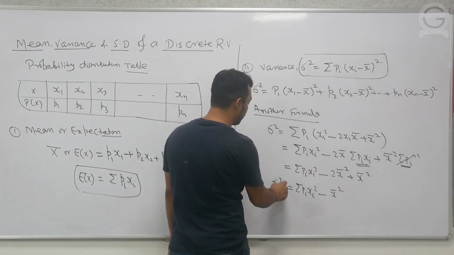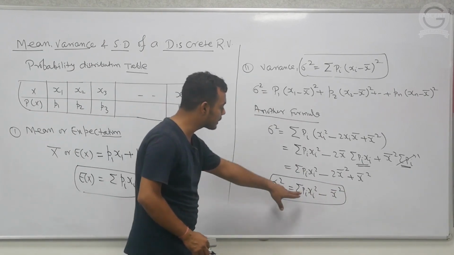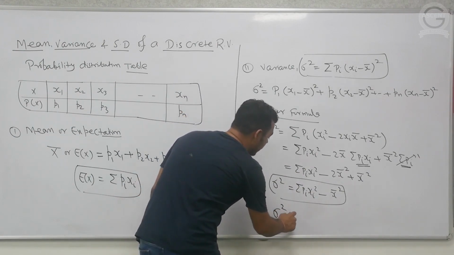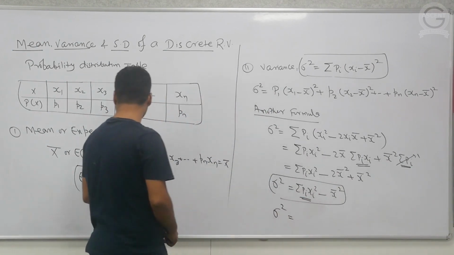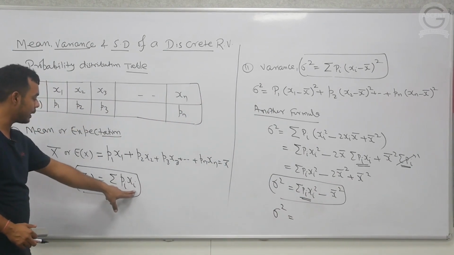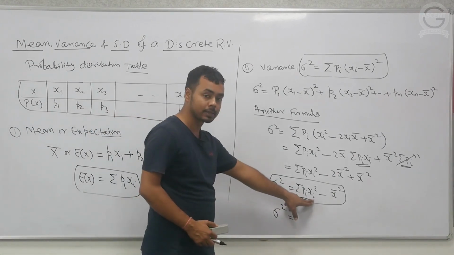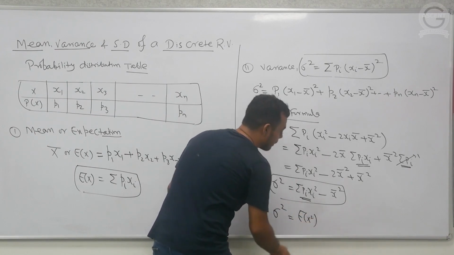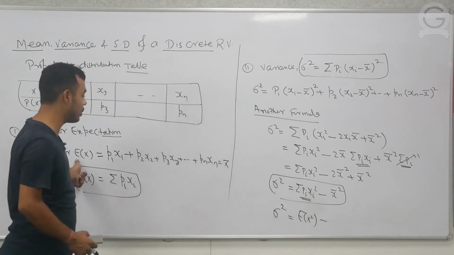So this is another formula to calculate variance: sigma square is summation pi xi square minus the mean square. Sometimes this is also written differently. See, summation pi xi is expectation of x, and here we have summation pi xi square, which you can write as expectation of x square, minus x bar, which is the mean, nothing but expectation of x.